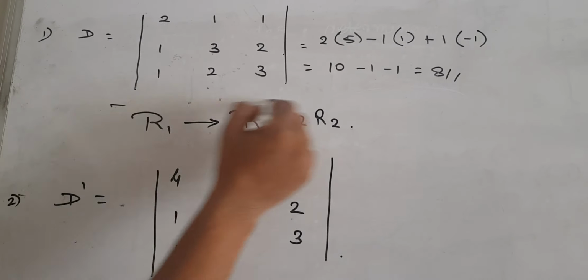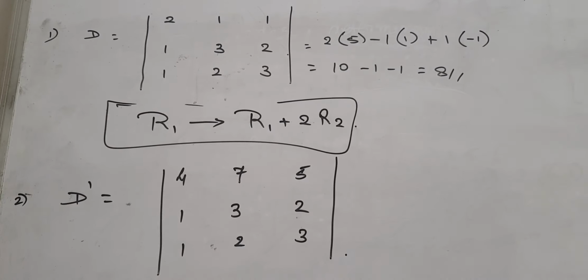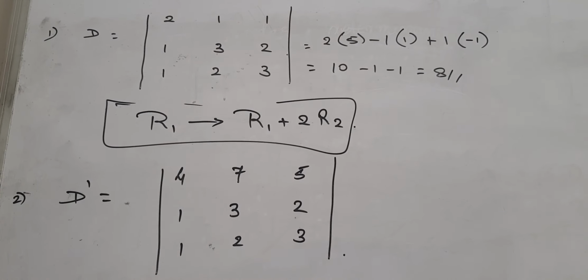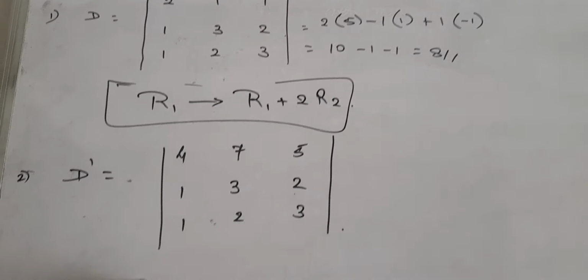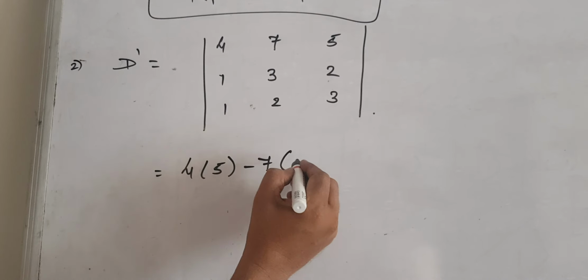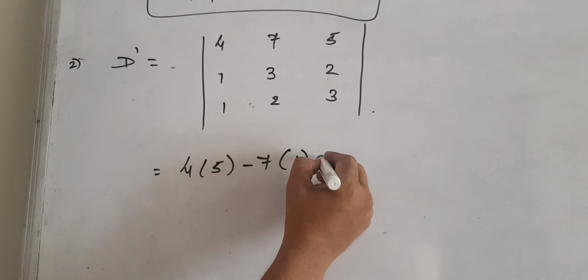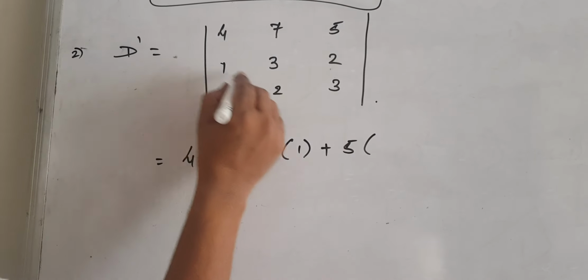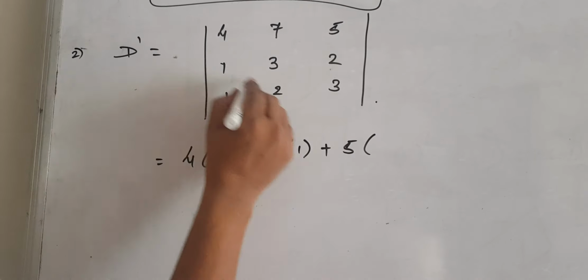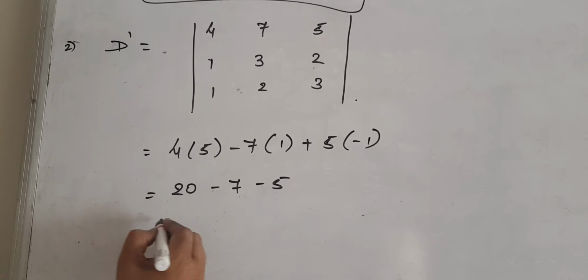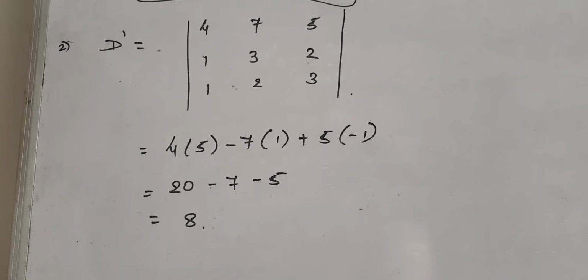I will apply this operation here. Is that clear? अब क्या होगा? 4 into 3, 3 are 9 minus 4 is 5, minus 7 into 1, 3 is 3 minus 2 is 1, plus 5 into 2 minus 3 is minus 1. So it is 20 minus 7 minus 5. So it is nothing but 8.